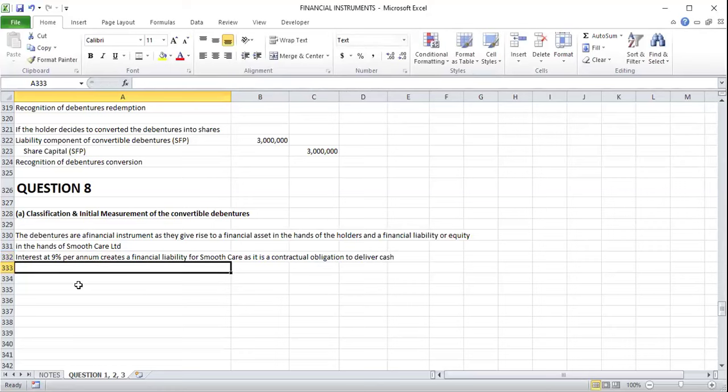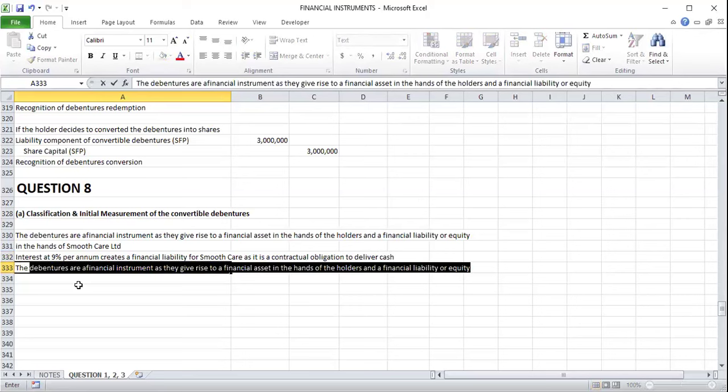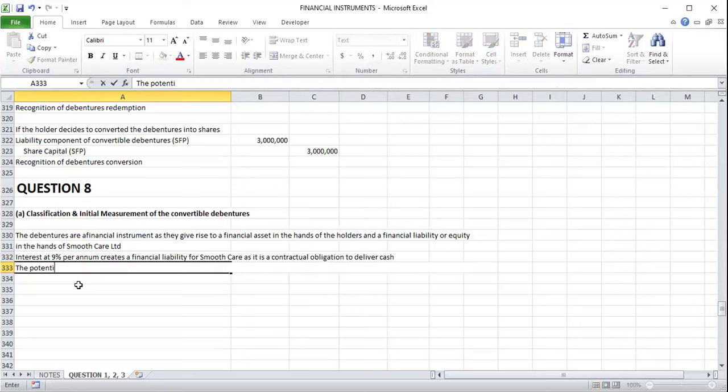Right. Then the potential redemption of the debentures does not create a liability, as the redemption is at the option of Smoothcare.